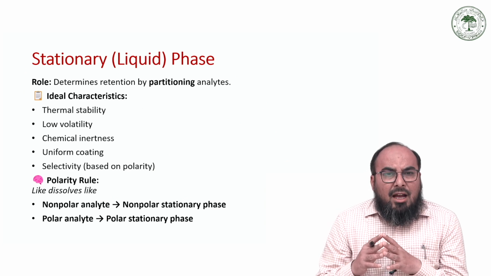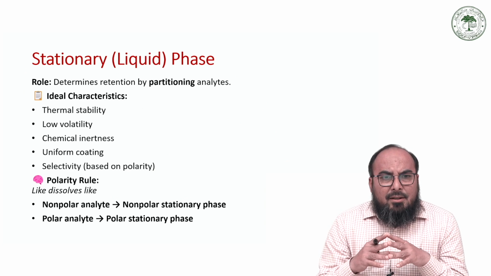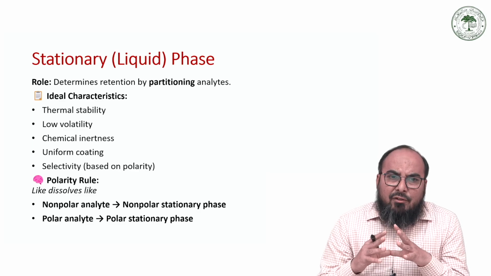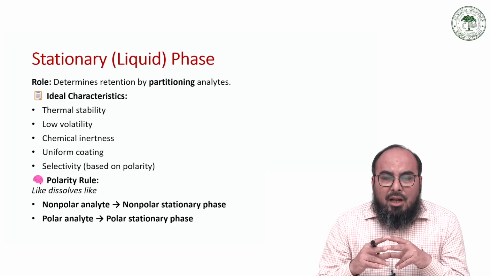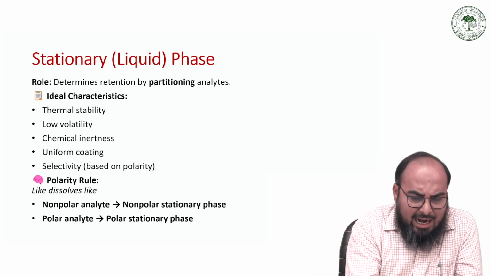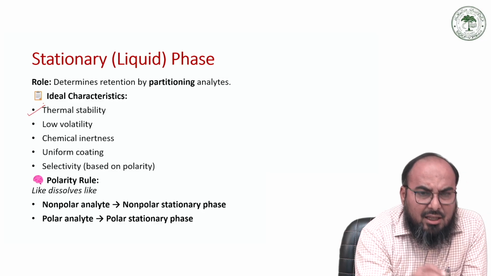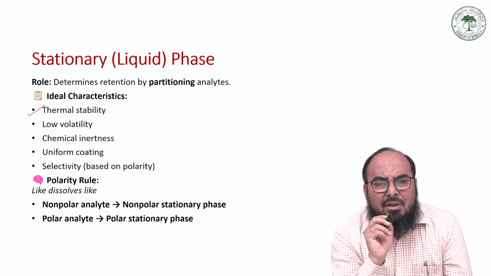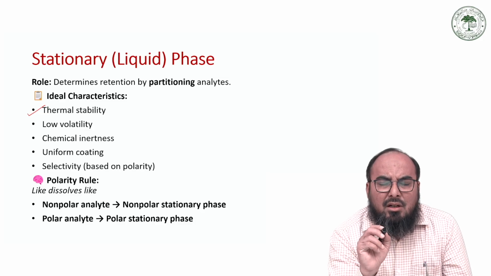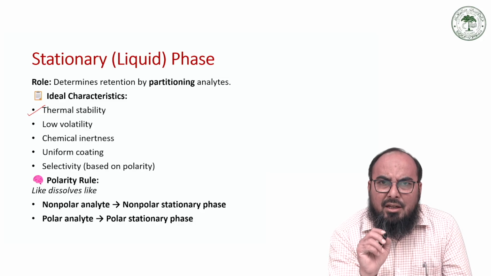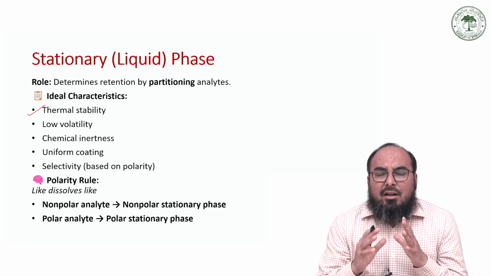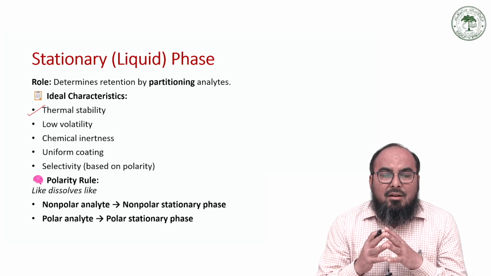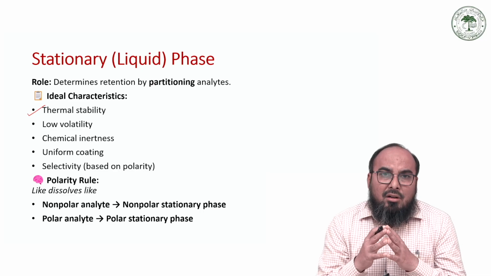So the stationary phase. Now this is one of the very important aspects, that the stationary phase or the liquid phase determines the partitioning. For example, the most ideal characteristic is, first let us take the thermal stability. Thermal stability means that whatever stationary phase, for example here in case of GC it is the liquid, whatever liquid you are using, it must have a boiling point around 100 degrees greater than the temperature at which you are running your GC.